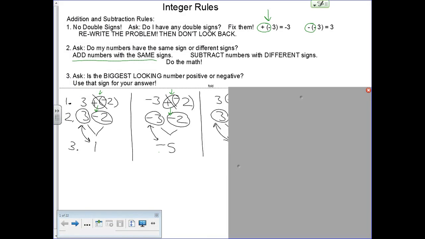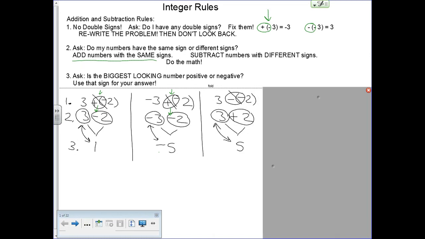Great, now let's take a look at the third example here. It says 3 minus a -2. Now, we have a double sign again, but this time it's a different double sign. So let's go back to step number 1 and take a look at what we do with a double negative. A double negative becomes a positive.